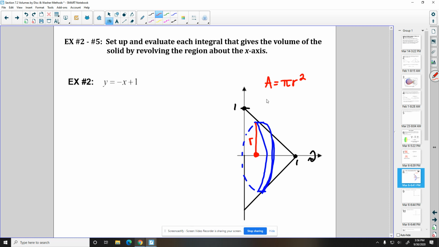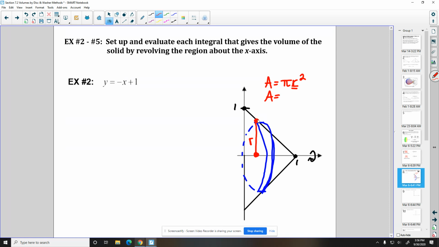Now, I would like for you to give me a different way of identifying the radius, because the radius is going to change based on where it's at on this function, right? Well, if you look at the way the radius is drawn, it's drawn from the x-axis up to the line.